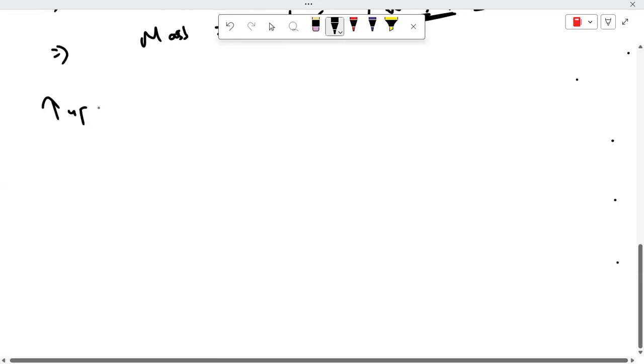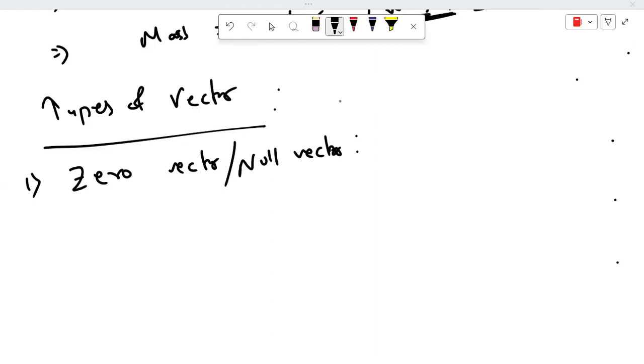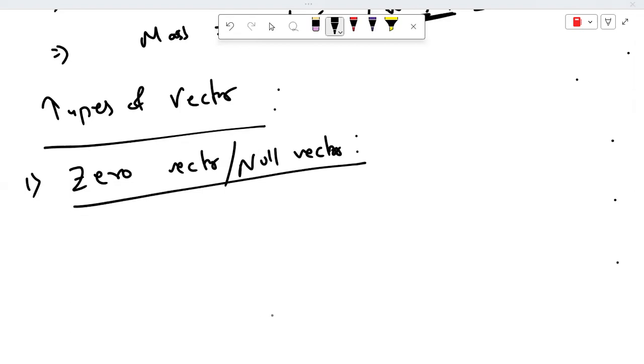Types of vector. I'll name them, you'll tell me what they are. Zero vector or null vector. What is a null vector or void vector? No magnitude or direction. Okay.